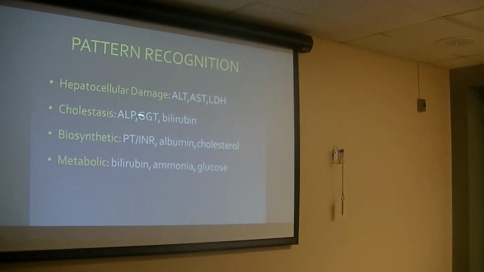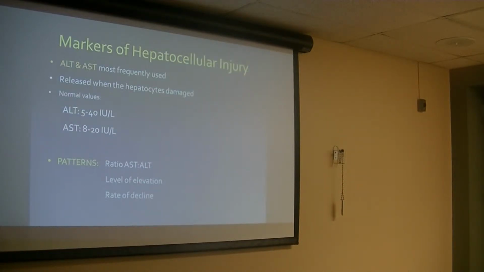The alkaline phosphatase and bilirubin are the primary parameters that measure the flow of bile or its compromise. And again, we already mentioned the biosynthetic parameters and the metabolic parameters. So we're going to talk about the first pattern of hepatocellular injury.